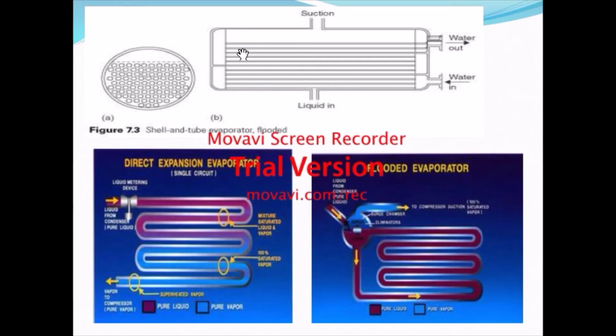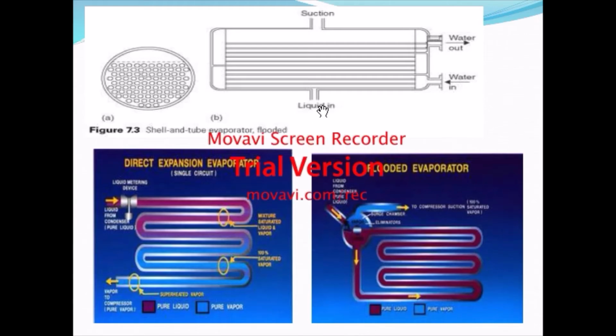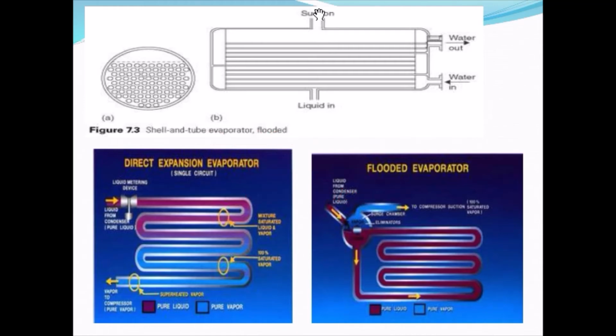As we know, inside of the shell is the tube, so the tube will be covered by the shell. The liquid coolant will be sucked in from the bottom side and then supplied out to the upper side. So the coolant will go upward, correct?